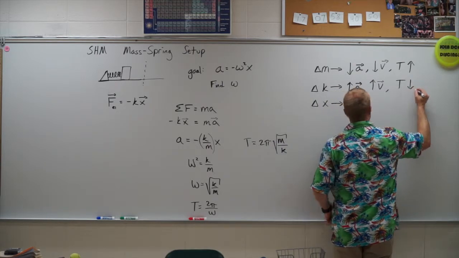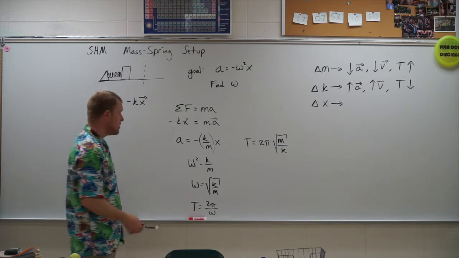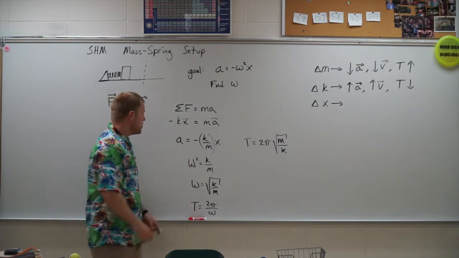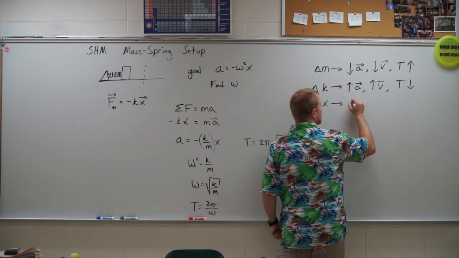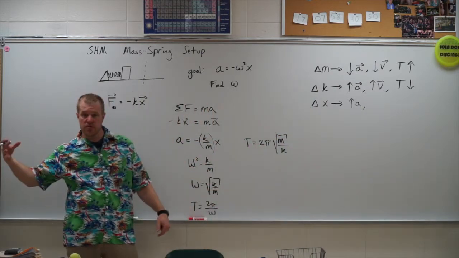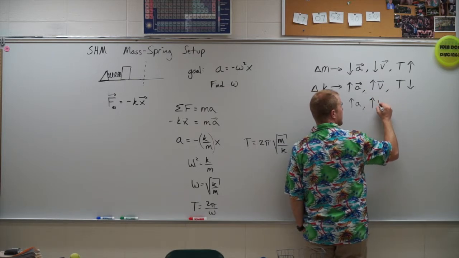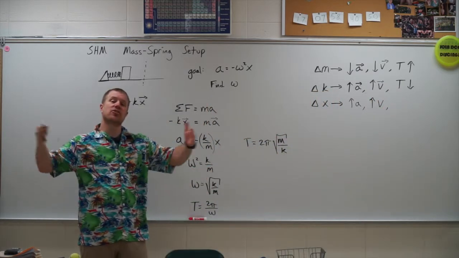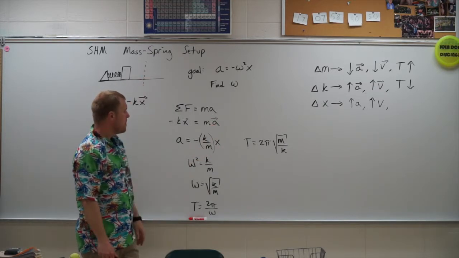Now, what happens if I change my displacement? So what if I pull it back further? If I increase my x, my acceleration increases. If I pull it back further, it's going to be moving faster too. So my velocity goes up as well, because not only do I have a larger acceleration, I have a longer distance over which to accelerate as I get back to that middle point.